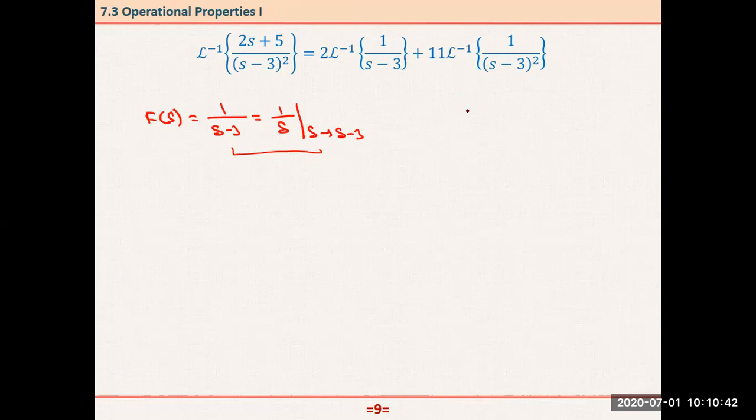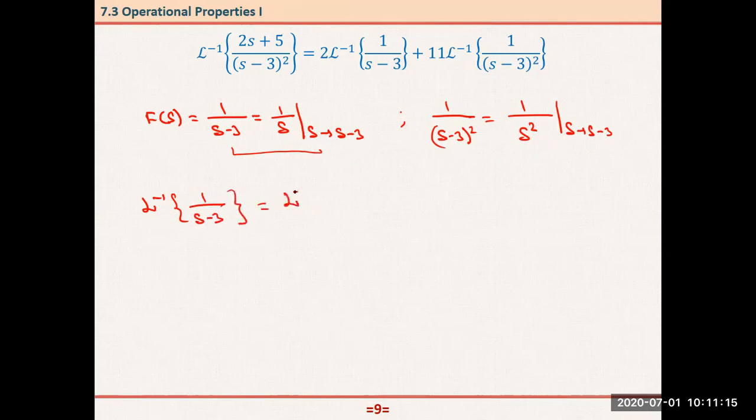And also this thing is 1 over s minus 3 squared, right? I can just write it as 1 over s squared, where s should be replaced by s minus 3. Okay. So what is the inverse of this thing? If you just evaluate here, inverse Laplace transform of 1 over s minus 3, right?